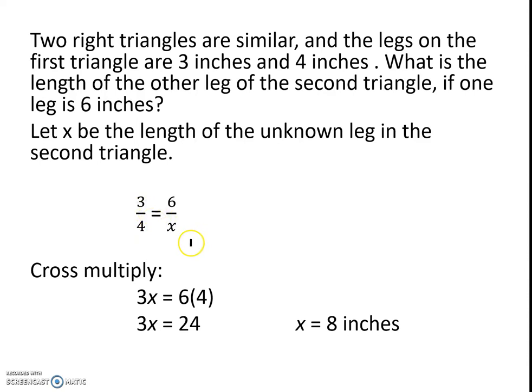So we cross multiply, and we find that's 3x, and 4 times 6 is 24. Again, we don't want 3x, we only want x. So we divide both sides of our equation by 3 to find x equaling 8, and since we're working in inches, it is 8 inches.